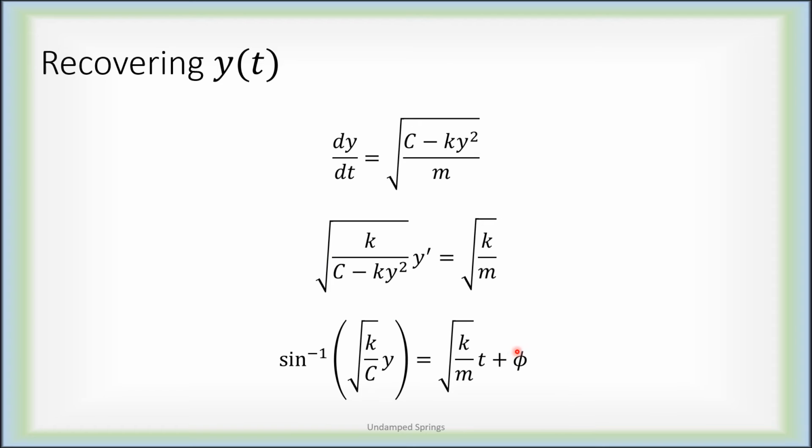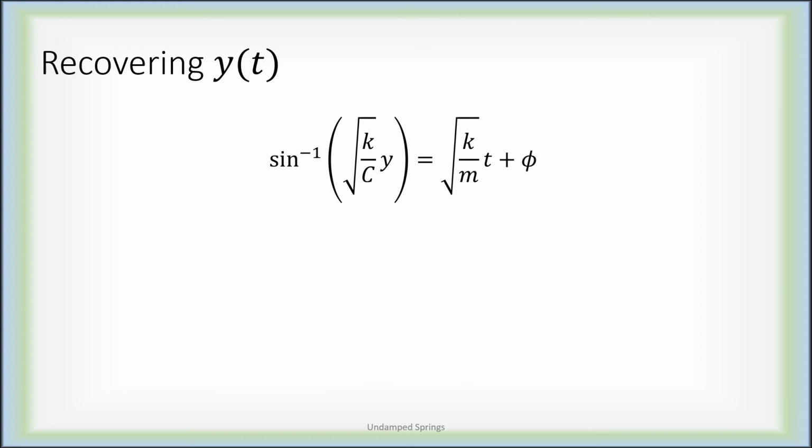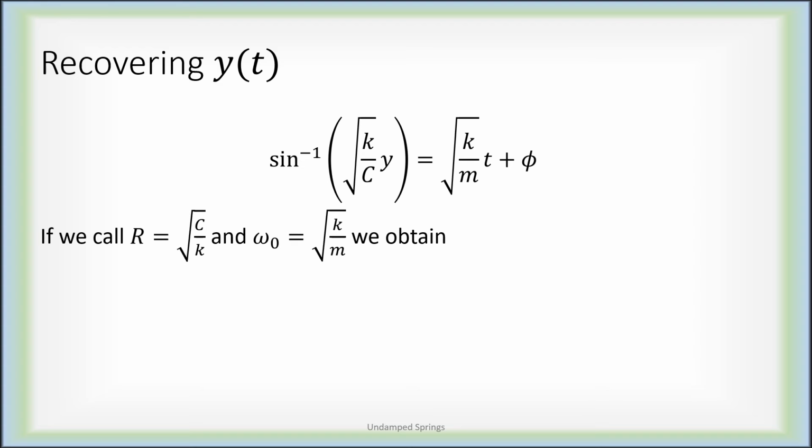And in these spring problems, the constant of integration introduced here is typically represented with the Greek letter phi, but this is just our constant of integration. Integrating this against dy, it's an arcsine. And specifically, it's the arcsine of root k over c times y. So now we have an arcsine of something involving y, and on the right, we have something involving t. Okay, we're going to replace some things with other letters just for convenience.